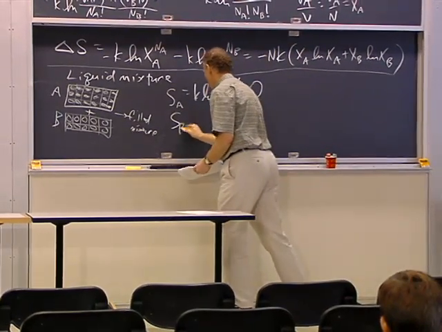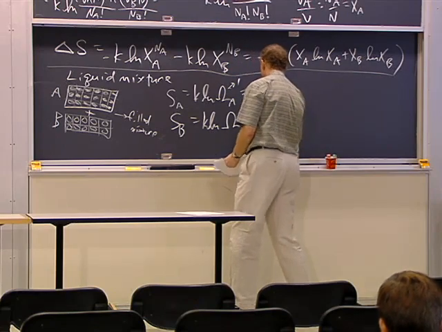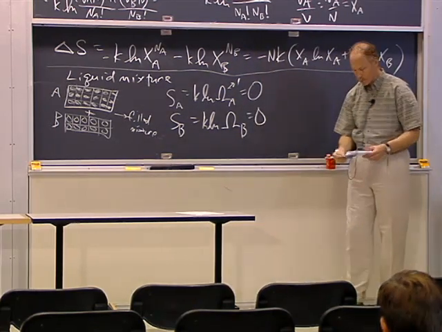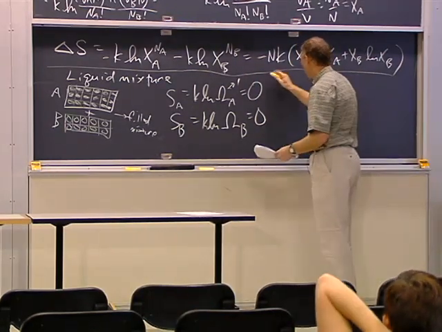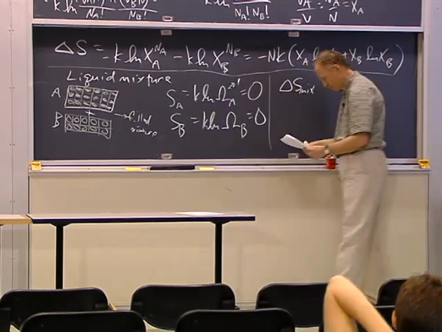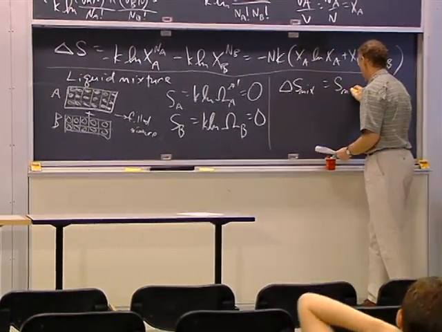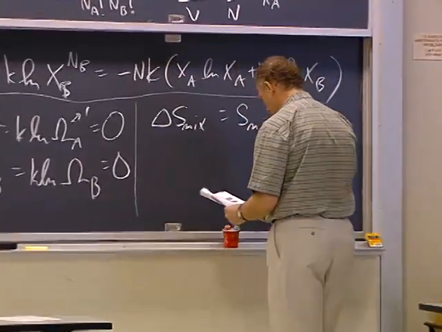Same, of course, for B. Right? So that's our initial entropy in this simple model. Okay. Well, then delta S of the mixture is just S of the mixture. Right? We don't need to worry about the original parts.